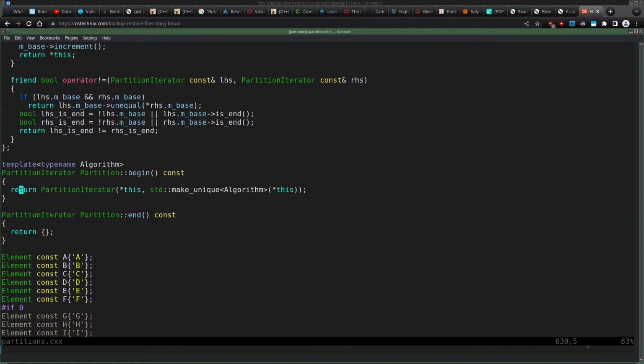Why not just simply... I mean, it's the return type, so you might as well just pass it like that. It's going to construct it from these arguments.